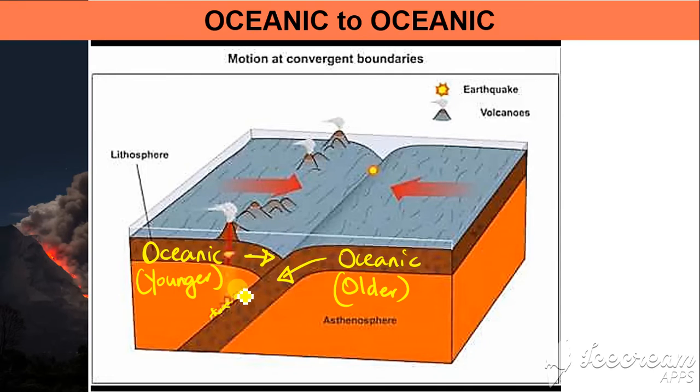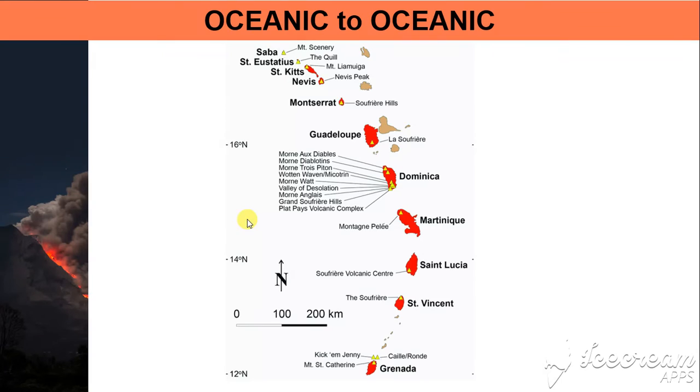Alright? And then eventually you have the older crust melting, and then magma makes its way through the younger one, and this will create a series of volcanoes below the surface of the water until they start to grow and become volcanic islands.